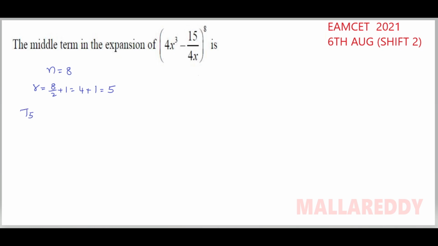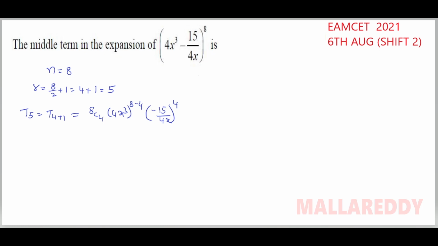Therefore T5 is equal to T(4+1) is equal to 8C4 (4x³)^(8−4) into (−15/(4x))^4.